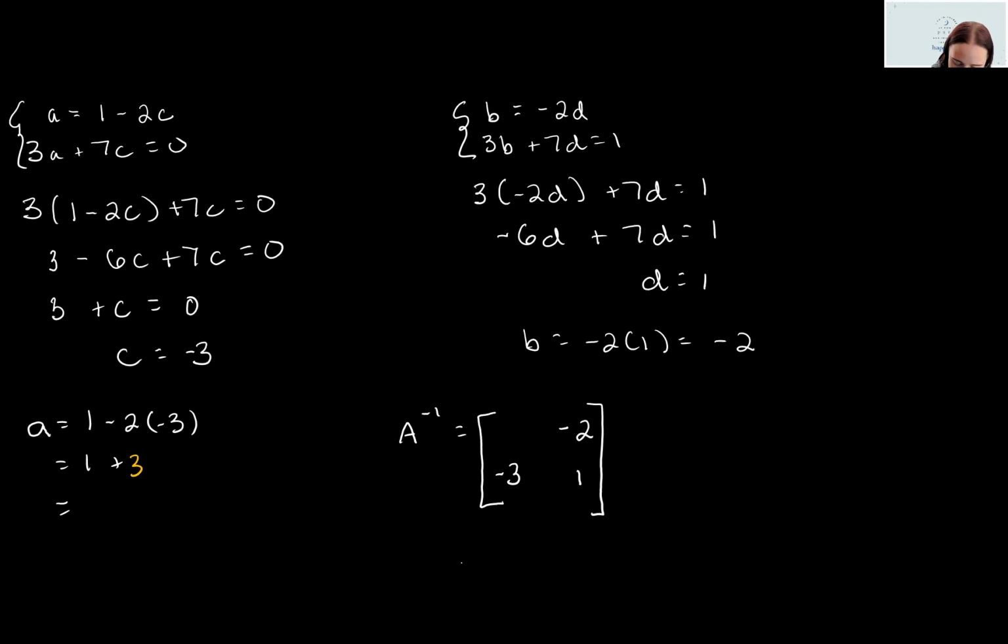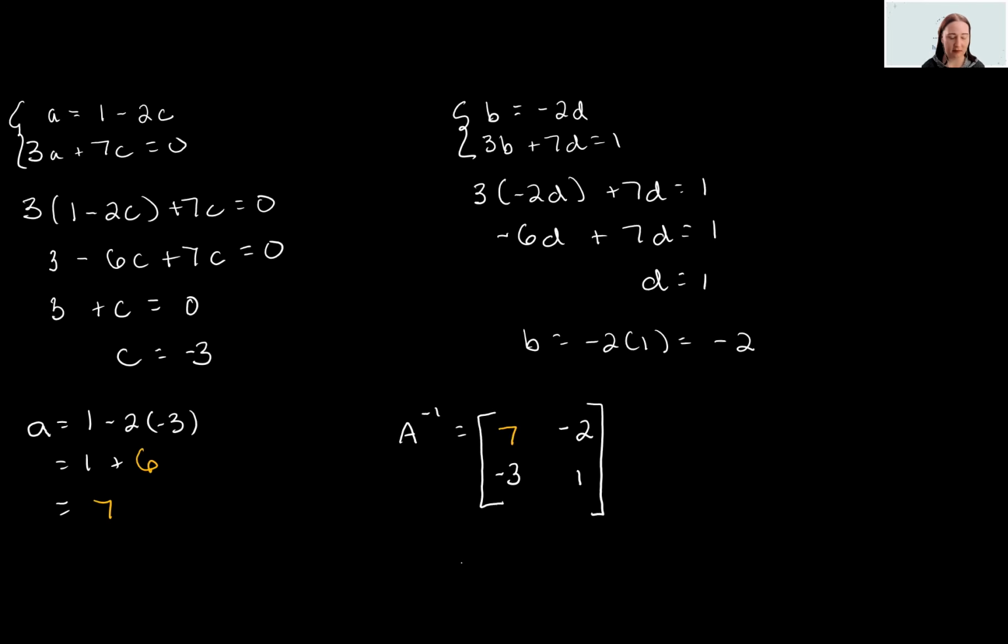So this is why I'm showing you guys technology, because you're dealing with all these numbers. So that should be +6, which then gives me 7. And so there, I get the correct answer.